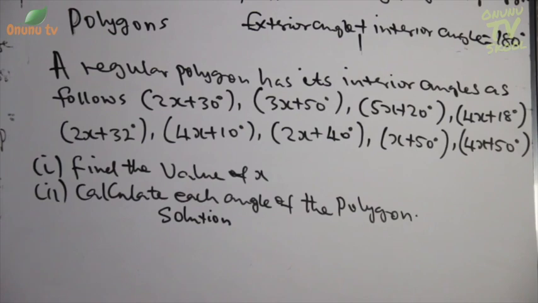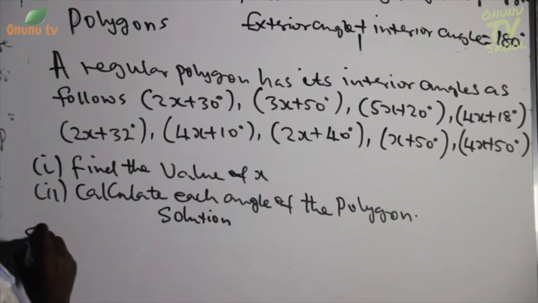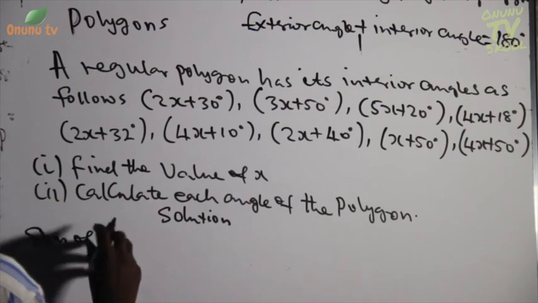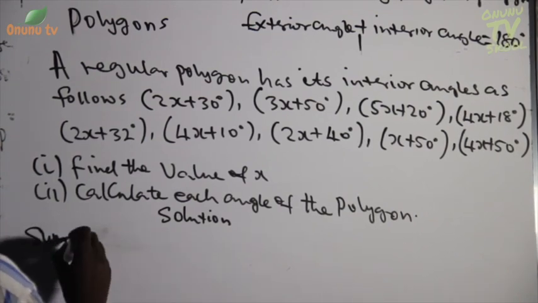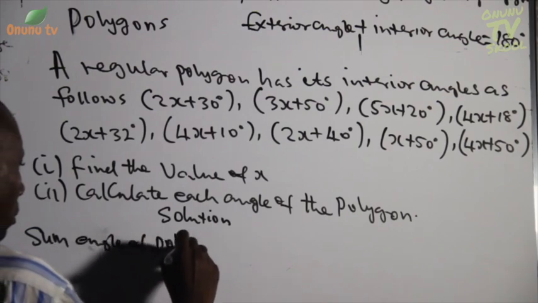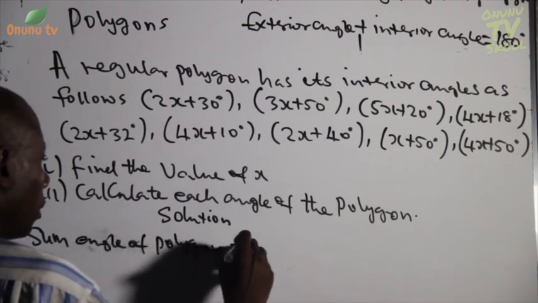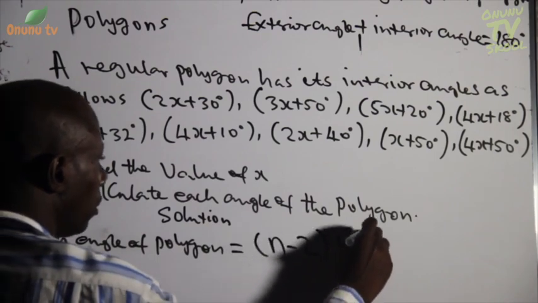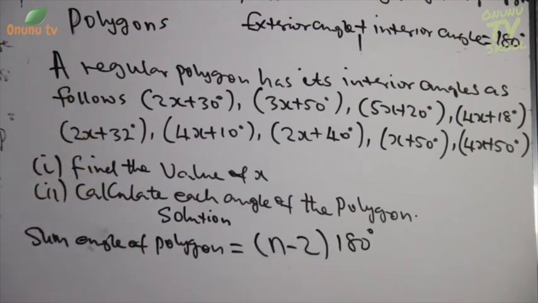And we say that the sum of angles of a polygon is equal to (n minus 2) times 180 degrees.